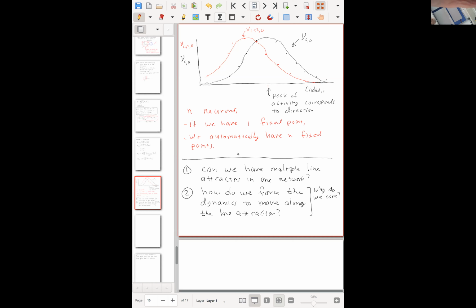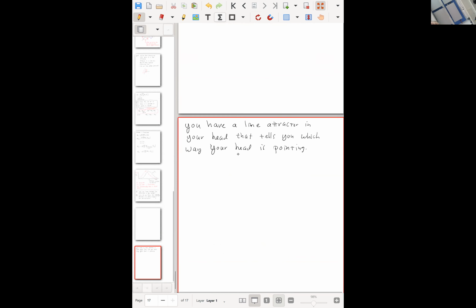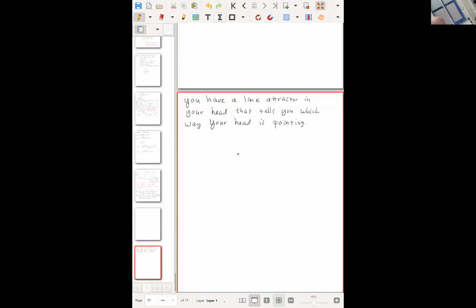And as you turn your head or move your body around, what you need to do is move the line attractor. If you close your eyes and rotate 45 degrees, somewhere there have to be neurons in your brain that tell you you've rotated your body by 45 degrees, and that's basically the job of these head direction cells.